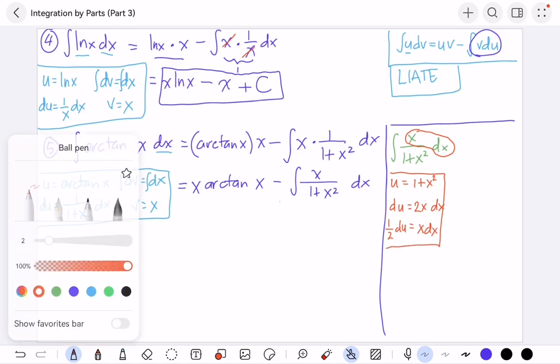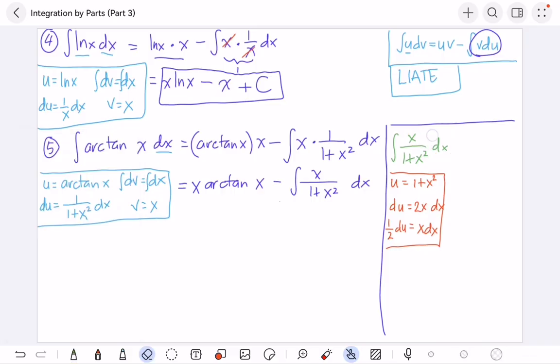Okay, so let us proceed. We can do integration by substitution. So the integral of the denominator is just u.